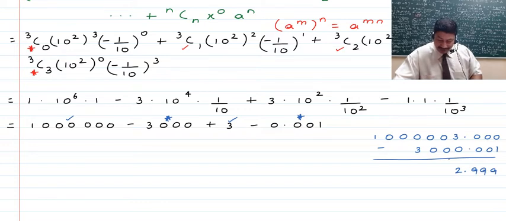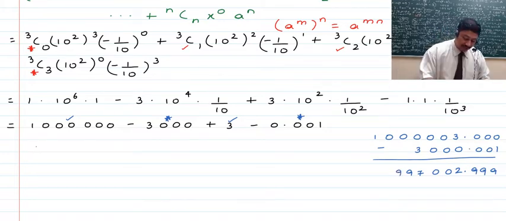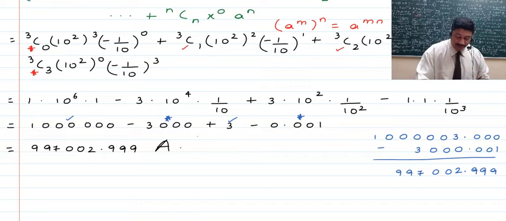Right, and further then we will just write a 0 as it is. 3 and 7 will become equal to 10. Then we have 1 and 9, which will become equal to 10, 1 and 9, which will become equal to 10. So as such, this, children, is going to become our final answer, which we require to copy. So it becomes 997,002.999, which is going to become your final answer.